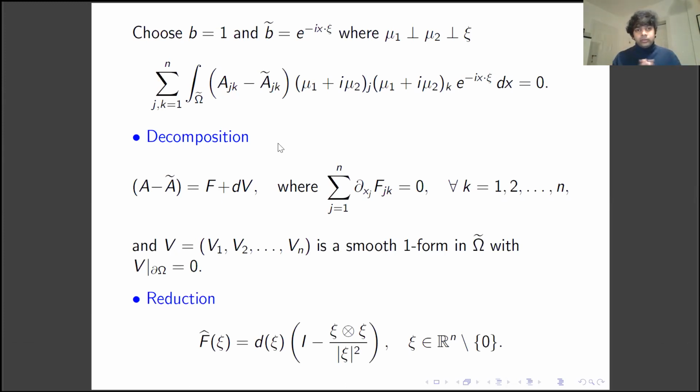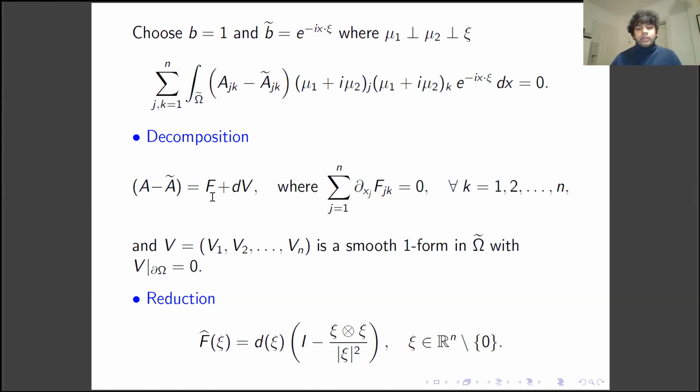By the choice of mu1, mu2 up to the full set, up to this psi, the full vector, you can choose in a way so that you can diagonalize this matrix F with respect to that particular choice.